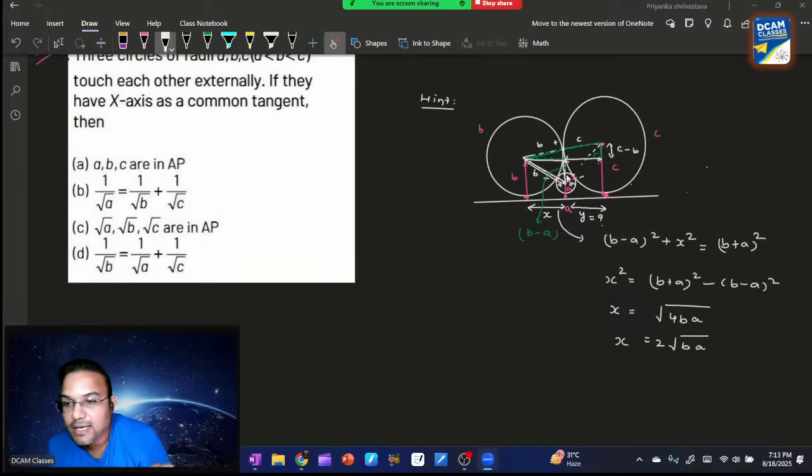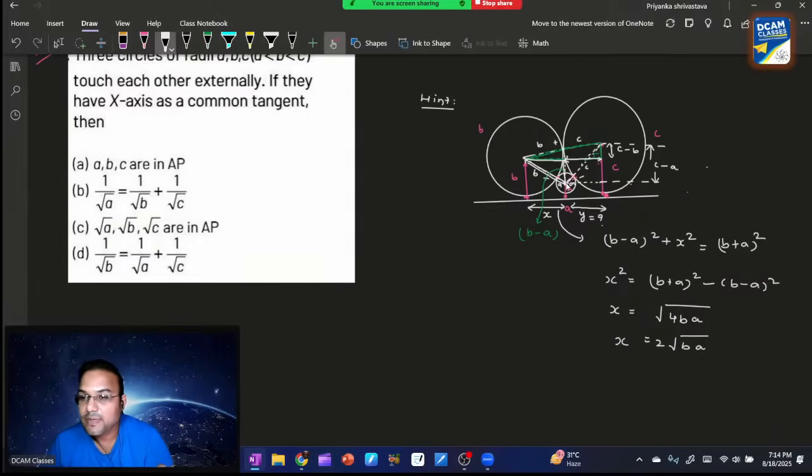See, if you take this one, see my this one. This is A. Take this triangle. This is A. This is C. You know this length. This will be what? C minus A. You can find out this y.